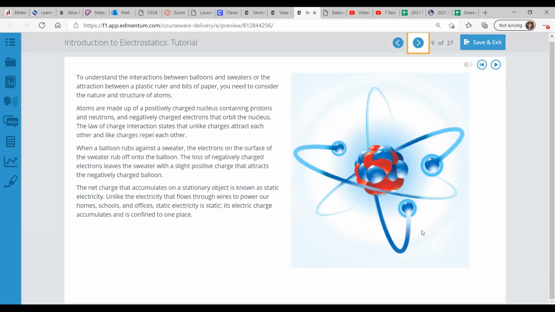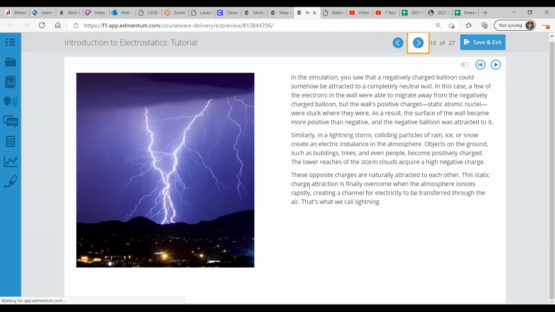Unlike the electricity that flows through wires to power our homes, schools, and offices, static electricity is static. Its electric charge accumulates and is confined to one place. So static, stationary, it's not moving like how we really think of electricity flowing.